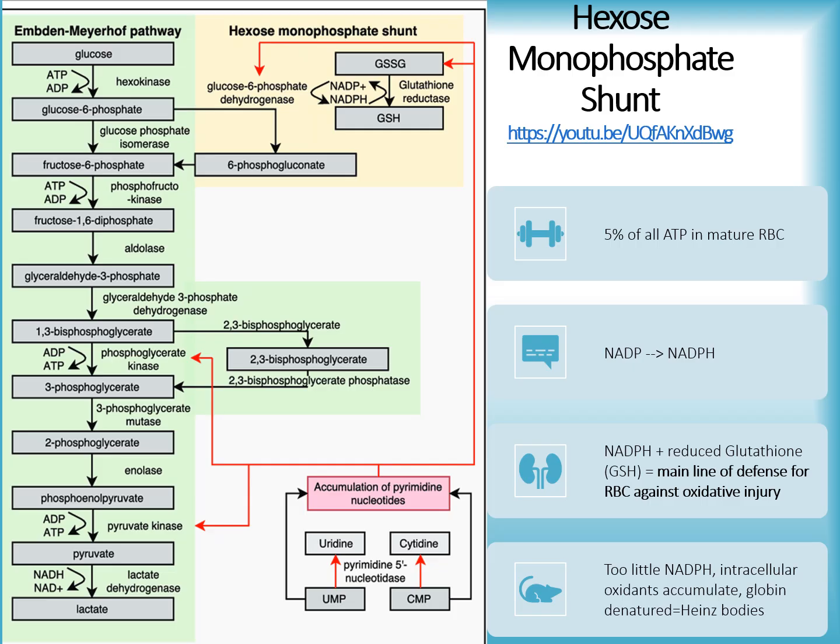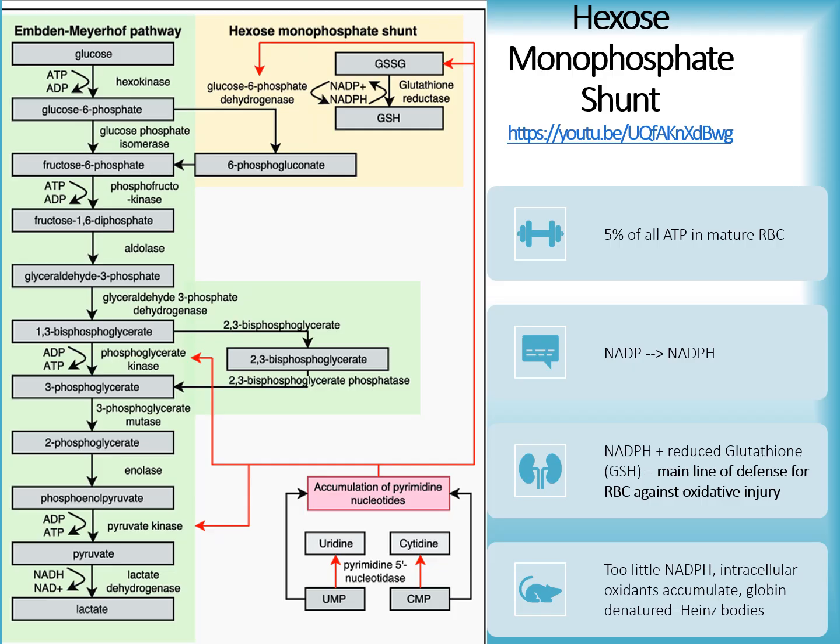So the second pathway that I want to talk to you about is the hexose monophosphate shunt, okay? That is where only about 5% of our ATP is produced in mature red cells. But the very important task that the hexose monophosphate shunt performs is it reduces NADP to NADPH. Okay?